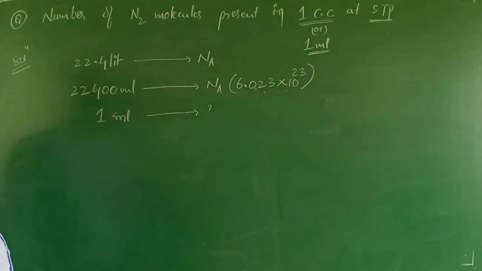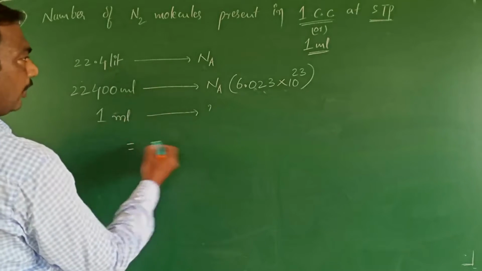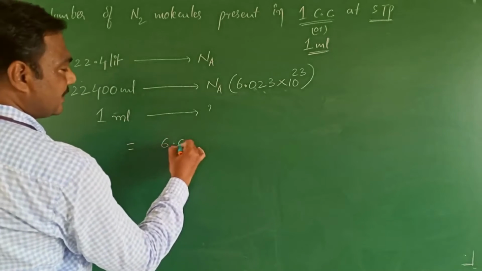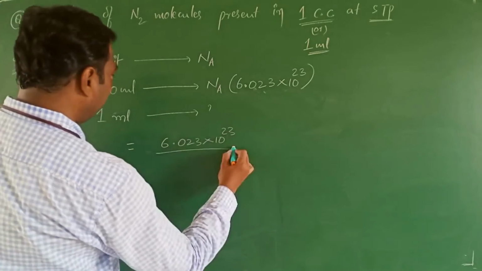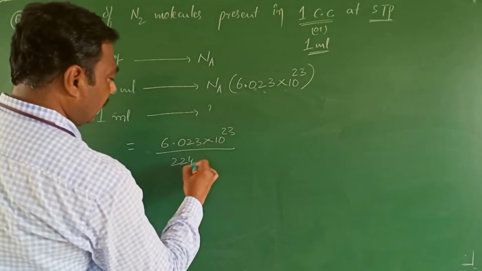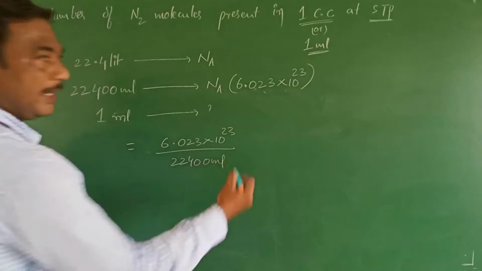Then 1 ml equals to how much? Therefore, how are you going to calculate? It is 6.023 into 10 power 23 by 22,400.